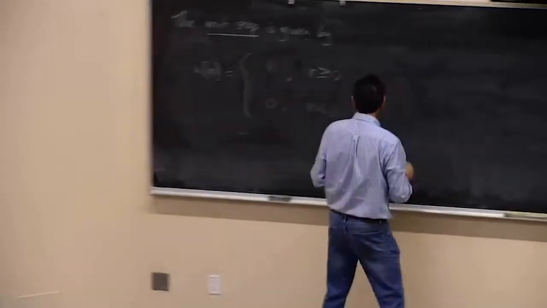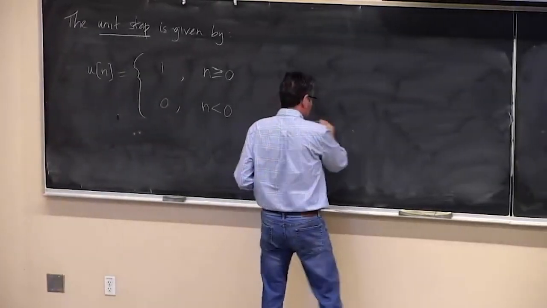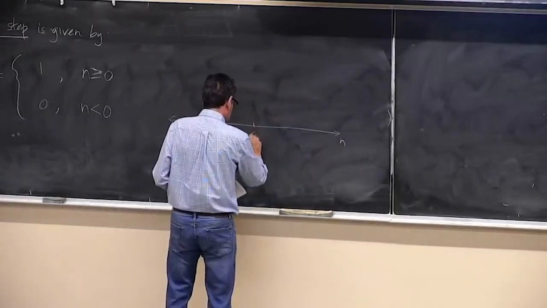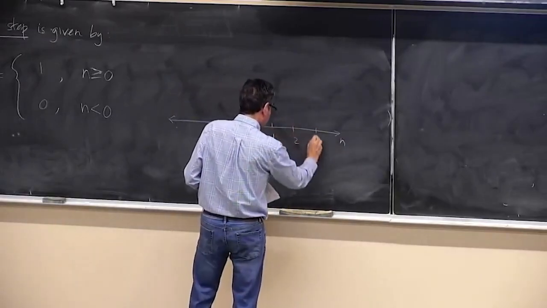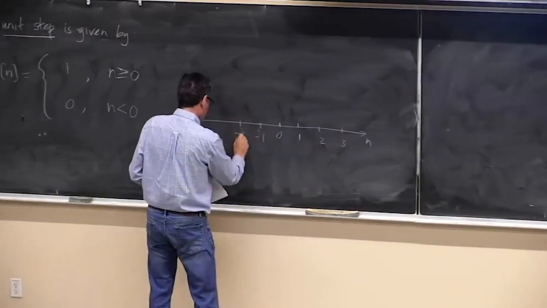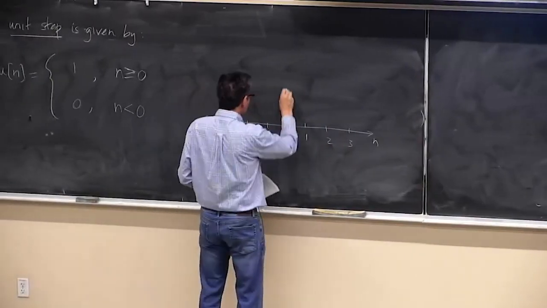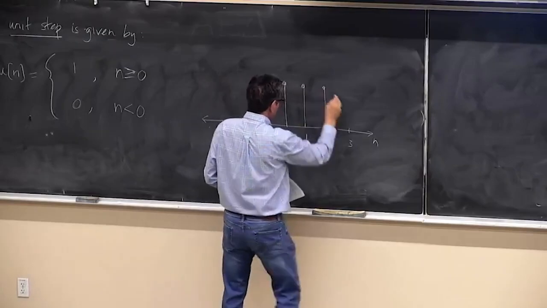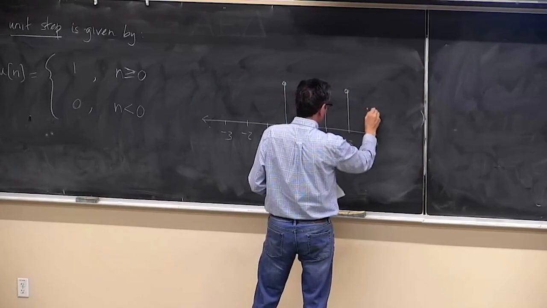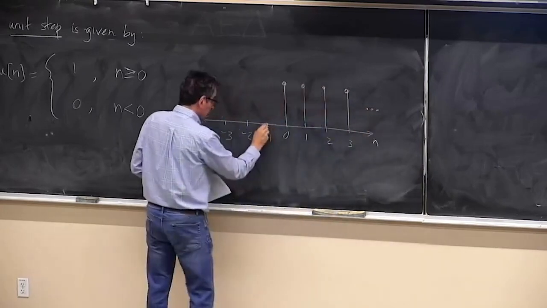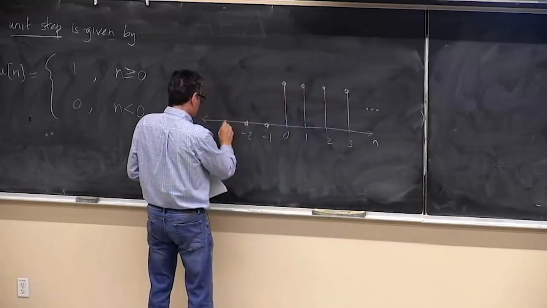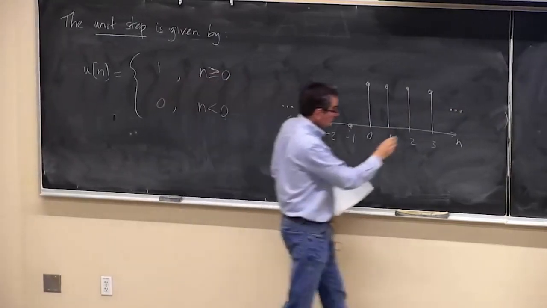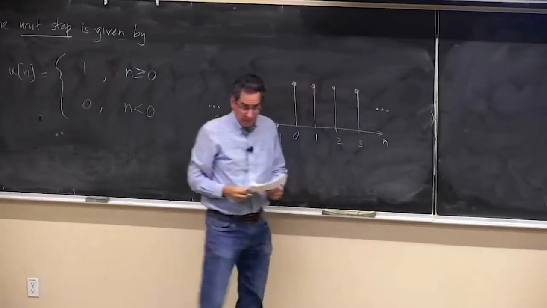If you draw a sketch of that, it'll look like this. It'll be 1, 1, 1, 1, and so on forever, and then to the left of 0, it's all zeros.